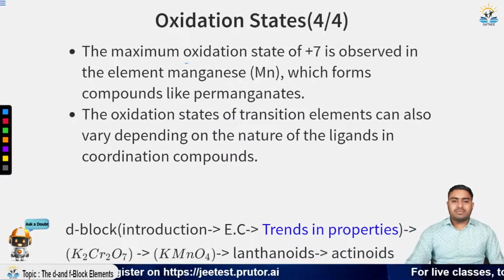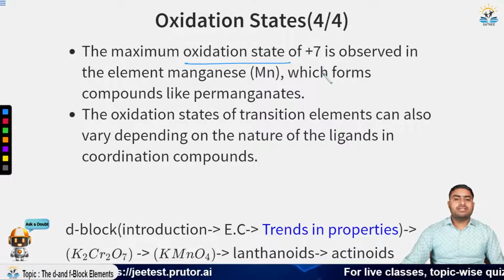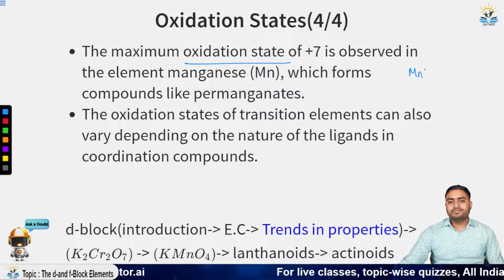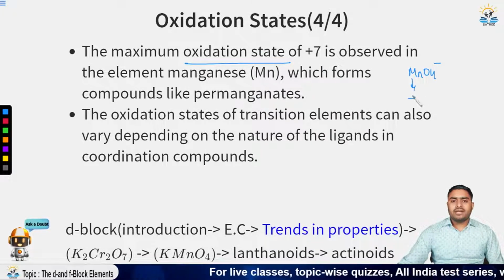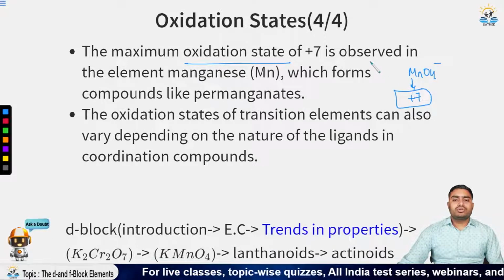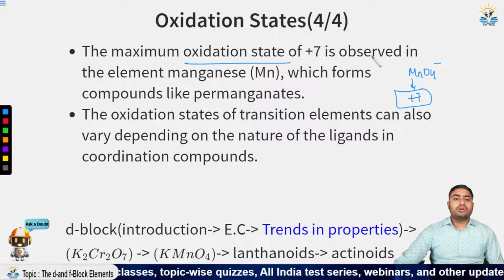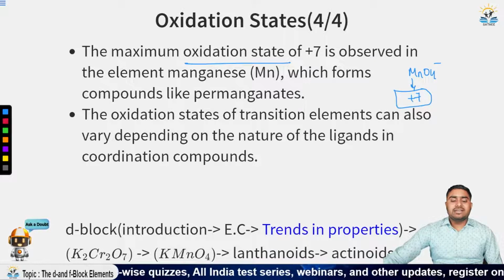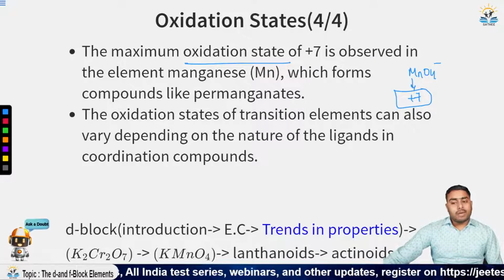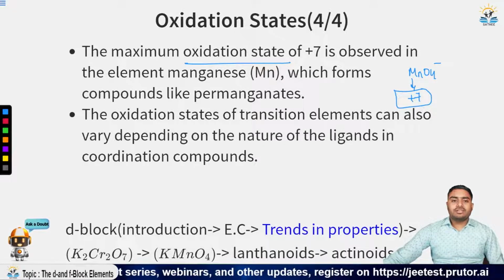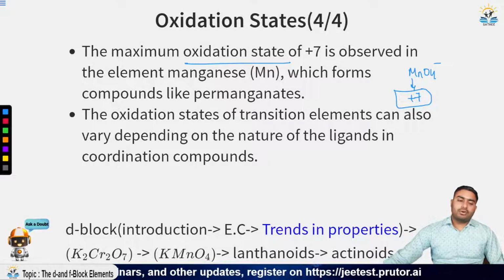The maximum oxidation state is seen in MnO4 negative, where Mn is +7, in compounds like permanganate.